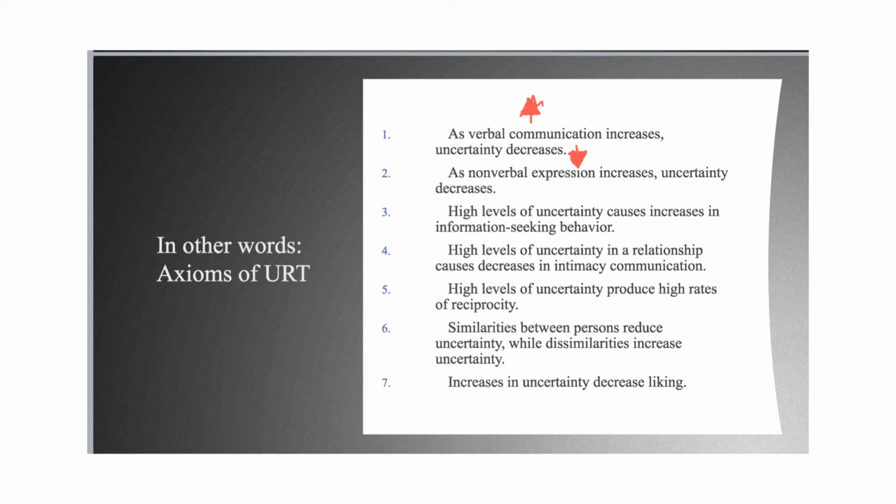Does communication always decrease uncertainty? For example, if we look at number 1, as verbal communication increases, uncertainty decreases. Okay, but couldn't you have someone, and maybe you've had this situation before, where you had a friend who said something incredibly weird or something that you just didn't expect, and it actually made you less certain about them?